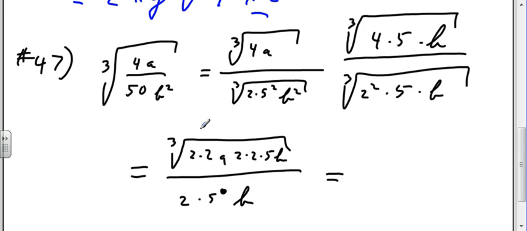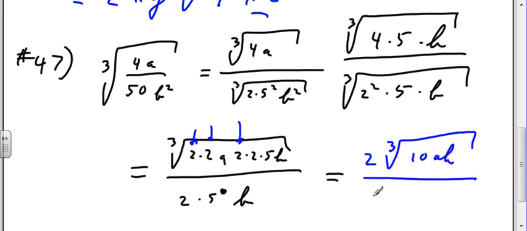Okay, and then I got 1, 2, 3 of those guys, so I can bring one out. 2 cube root of 10ab divided by 2 times 5b. I can get rid of the 2's. And now I'm ready to write down a final answer.